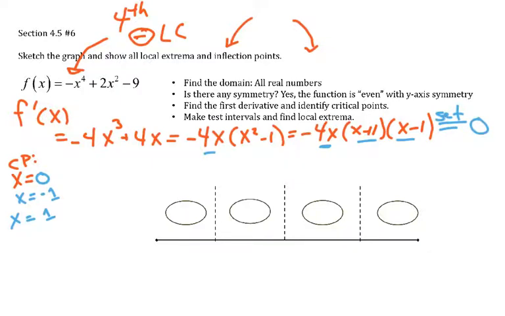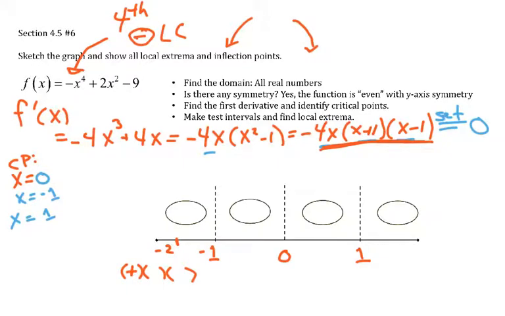So I'll set up my test intervals down here. Negative 1, 0, 1. And we will look at this factored form of the derivative and test a value in each interval. So I might as well use negative 2 here. We have 3 factors. If you put negative 2 into that first factor, it is positive.